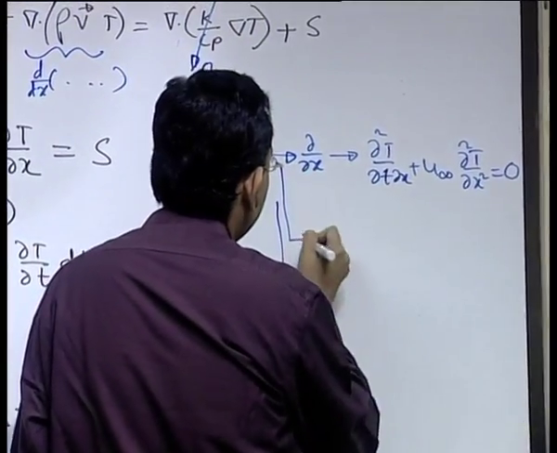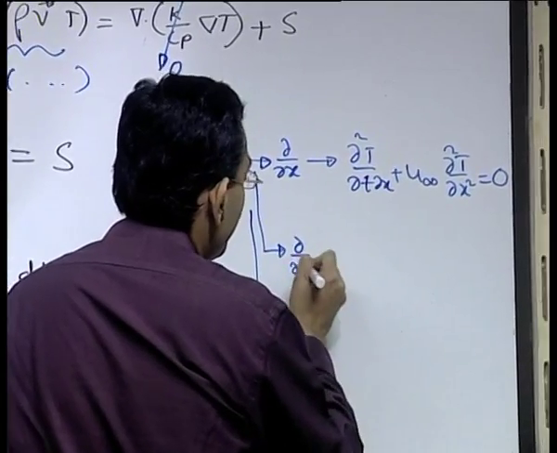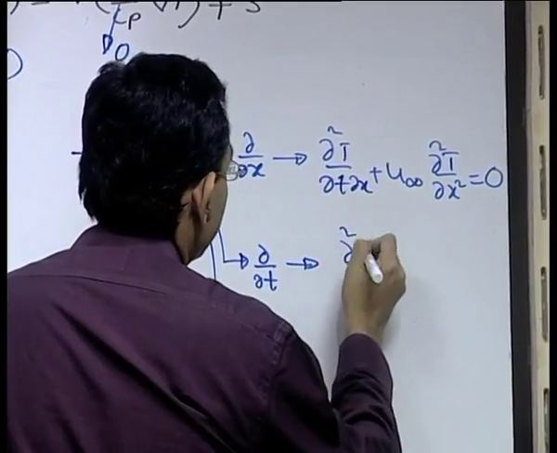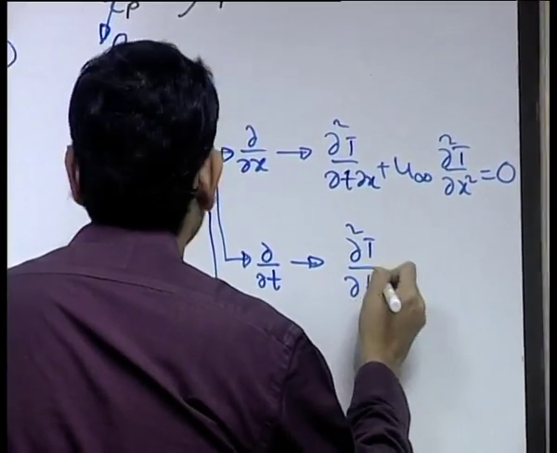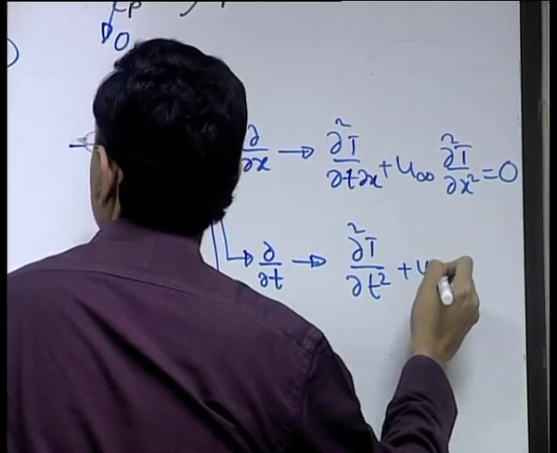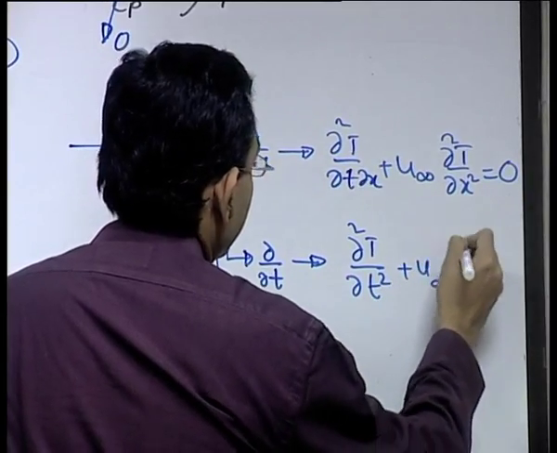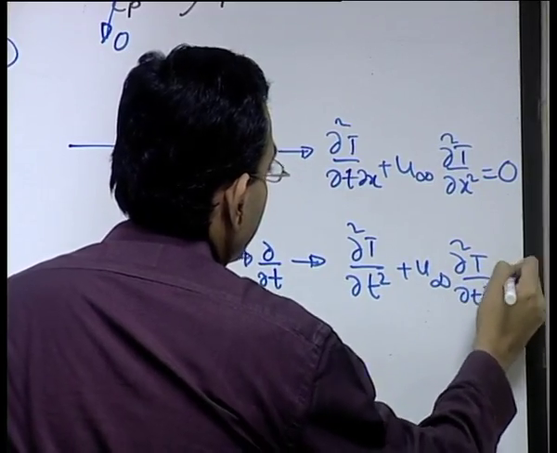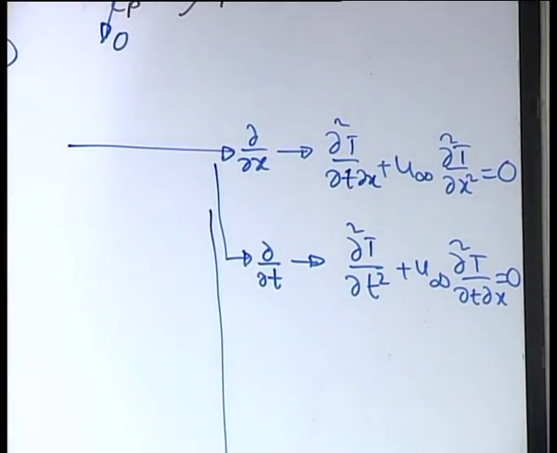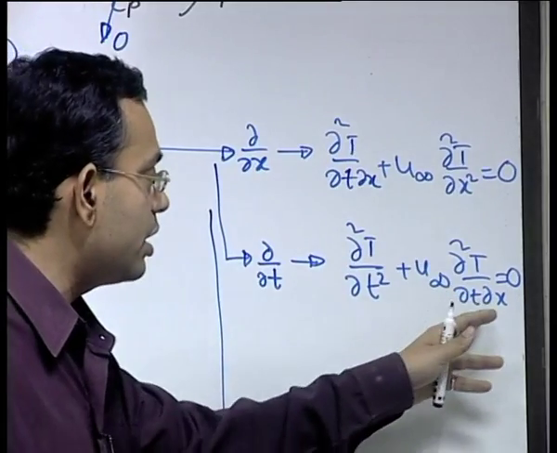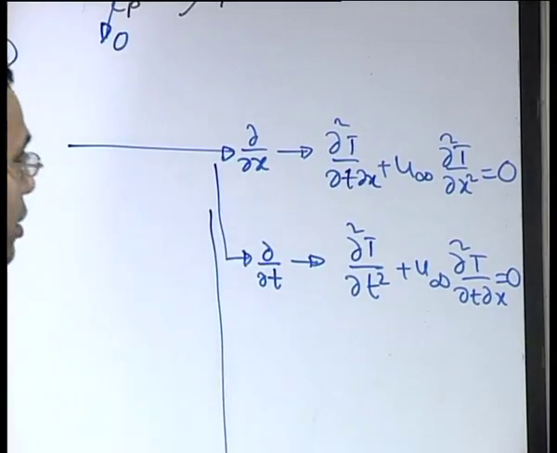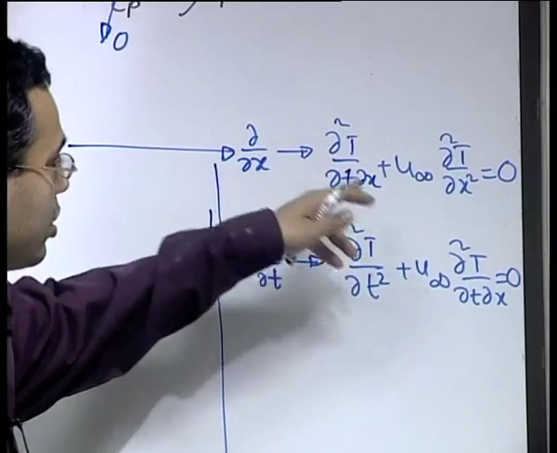Next you differentiate the same partially with respect to t. Because it is a second order partial derivative, we are assuming it to be continuous, so it does not matter whether you write t first or x first. How can you eliminate the cross derivative?